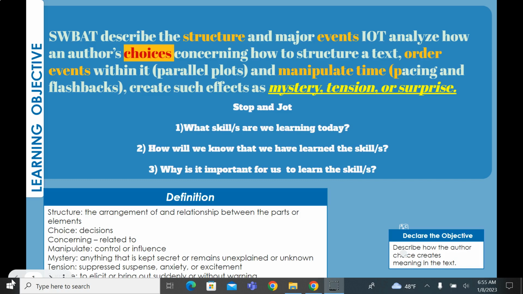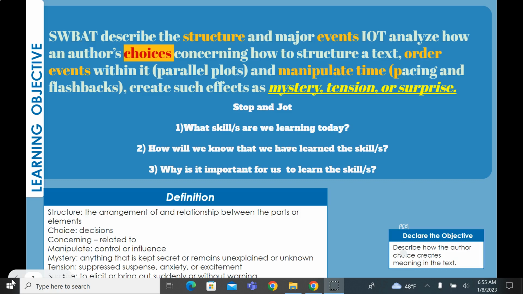That could be one of the ways that the text is structured, and manipulate time. They gave you some examples. We're talking about pacing, flashbacks, even flash forwards. How do these things create such effects as mystery, tension, or surprise?